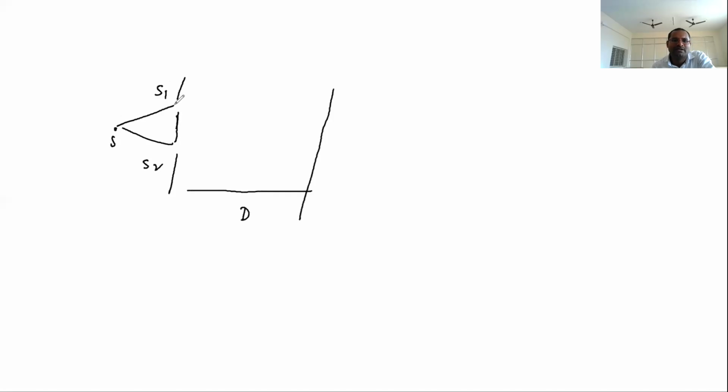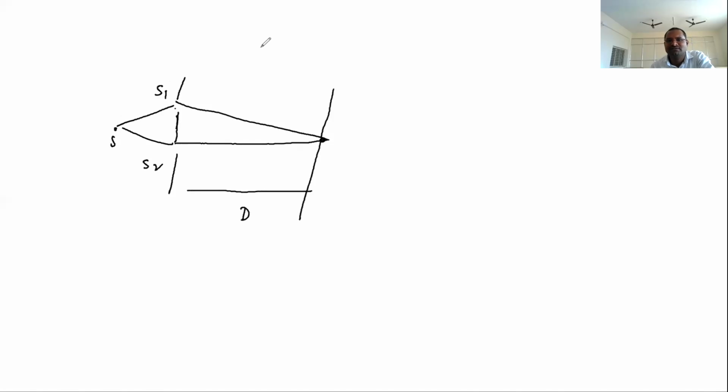See here, students, this is a Young's double slit experiment I am drawing. This slit S1, this slit S2. Here the source will be there, it will send light. Here, at a distance of capital D, you will have a screen. Now these two will interfere here to form a central bright fringe.